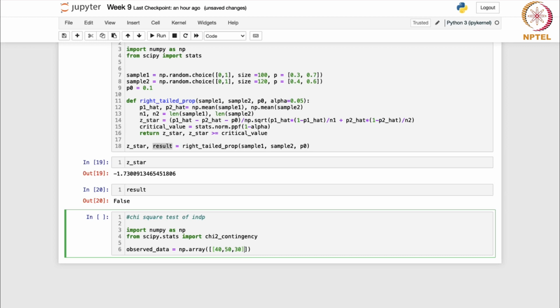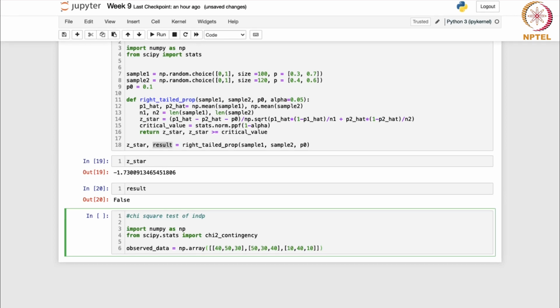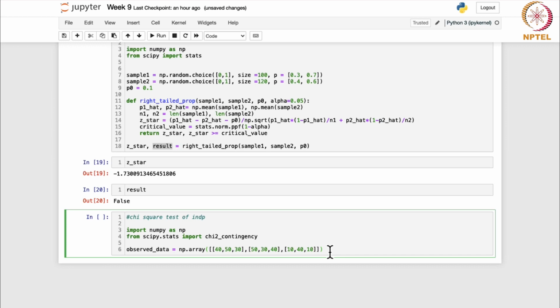Then the next one, suppose, is 50, 30 and 40. We can take 10, 40 and 10. So these are the observed points. Basically we have written it in the form of a matrix.